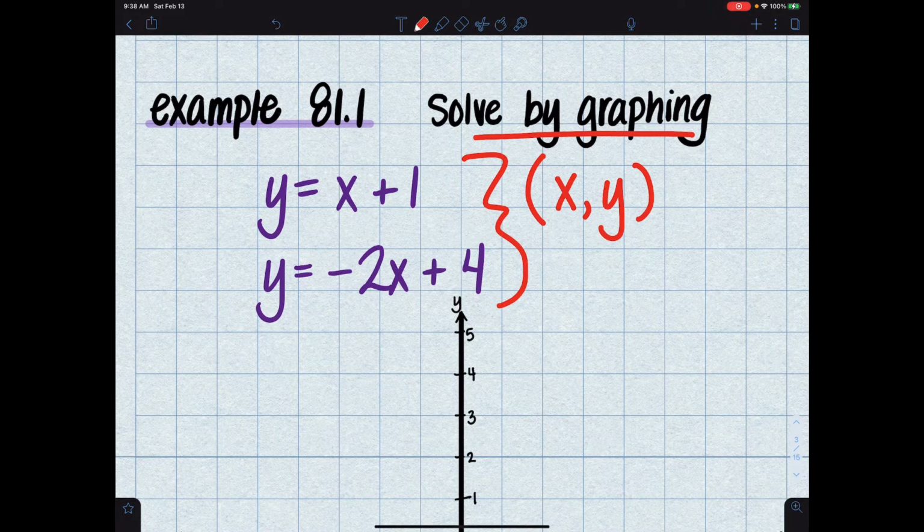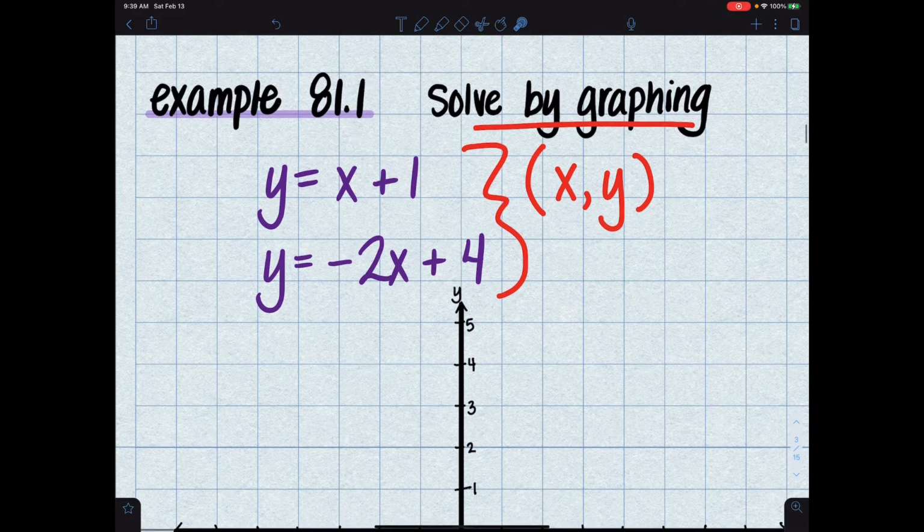That would be another way to solve what's the x and y, where the x and the y could be part of this line and it could be part of this line, and you've got one x, one y. Let's just do it, and I think you'll understand what it means.